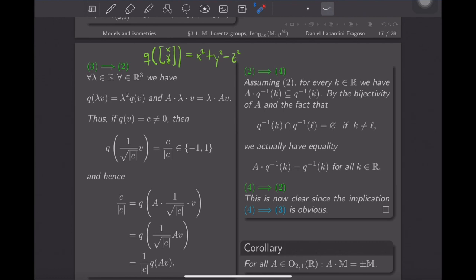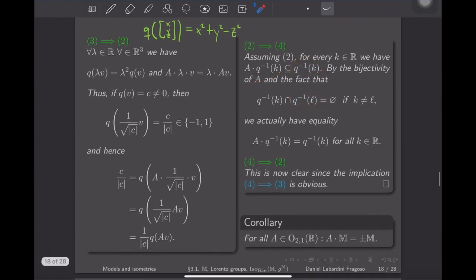So this means that whenever I take a point here, it comes from something under A, but that something cannot live somewhere else, because then it would go somewhere else. It has to live in the same place. And so in the end, the real reason is just because Q is a function.